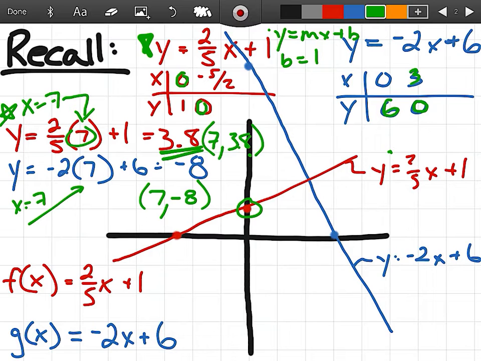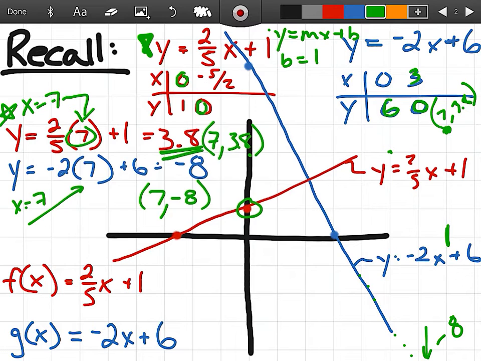So at an x of 7, 1, 2, 3, 4, 5, 6, 7, my red line is going to be at 3.8, out here somewhere at 7, 3.8. But my blue line is going to be way down at -8. It's going to be off the page, in keeping with the blue line continuing.